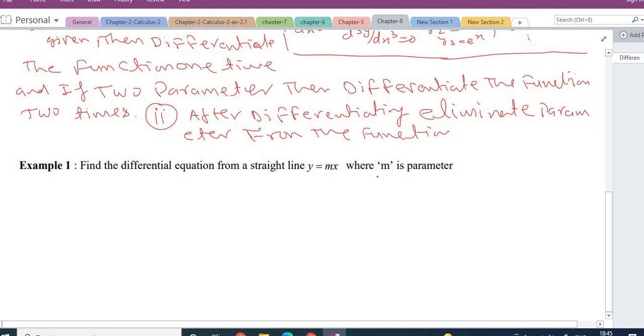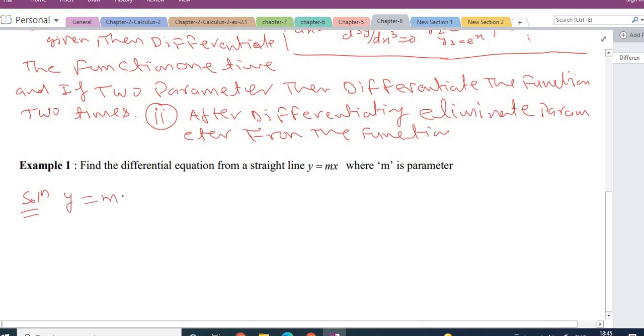So if one parameter is given, here m is the parameter, then we need to differentiate 1 time, and after differentiating 1 time we need to eliminate m. I am going to show you by using that.